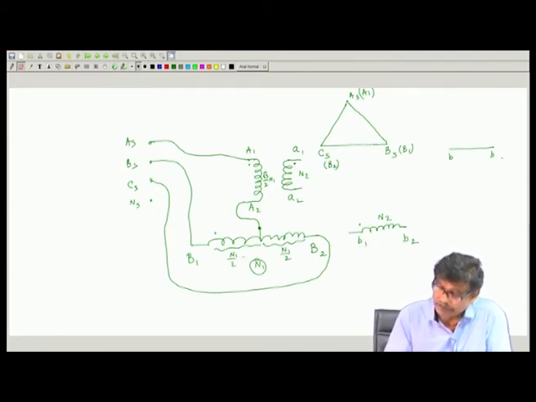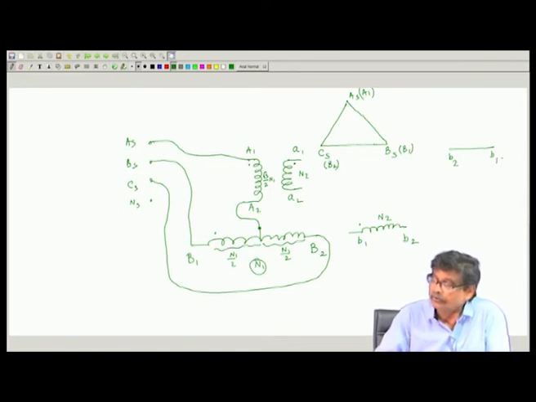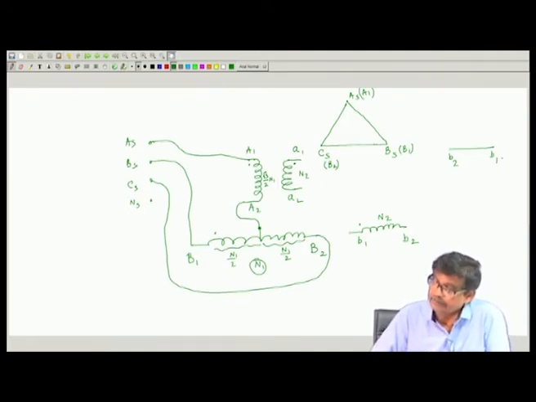So, I should name it accordingly. B1 is here, so it must be B1 and B2. Now, it is correct. So, this is the available voltage. If any mistake, please point out. This is like the several times we have done in the case of three phase.